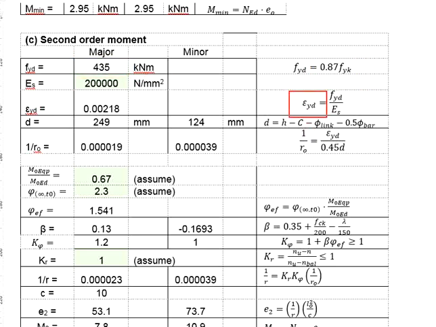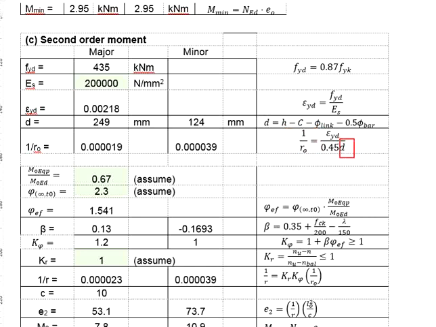And then you get the design yield strength. Using the FYD, which is 435, divided by modulus of elasticity of the steel, which is 200 gigapascal, you get epsilon YD equals to 0.218. Then you need to calculate the ratio 1 per R0.